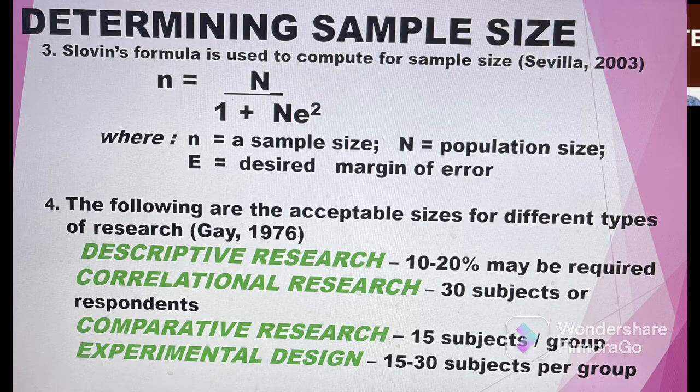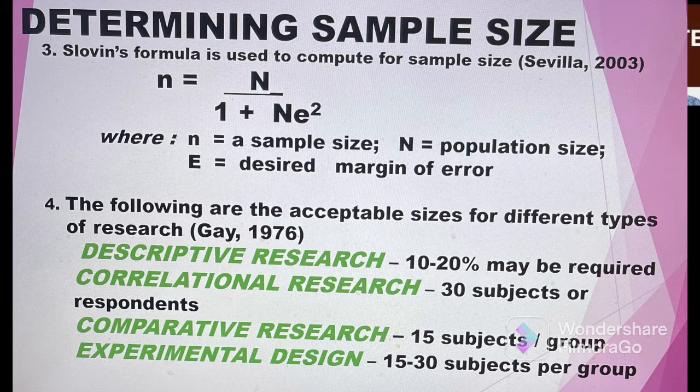Another way of determining the sample size, according to an expert, Tuckman in 1976, the following are the acceptable sizes for different types of research. When you do descriptive research, 10 to 20% may be required as your sample size, depending upon how many is the parameter of your population.